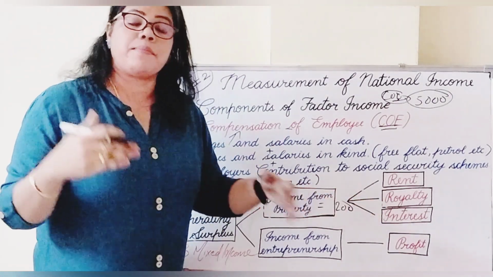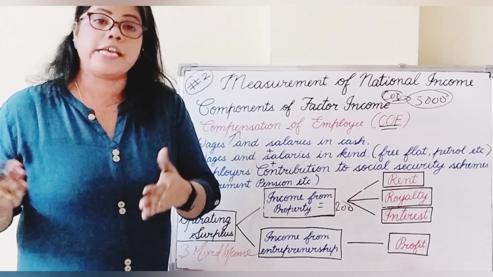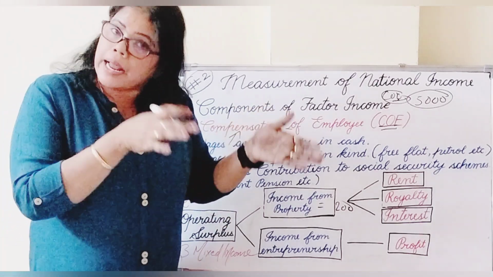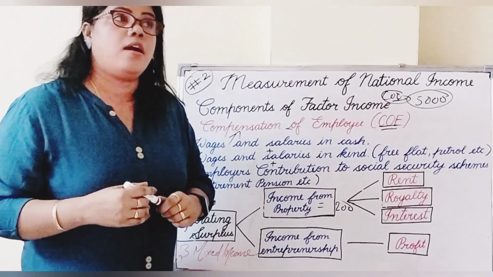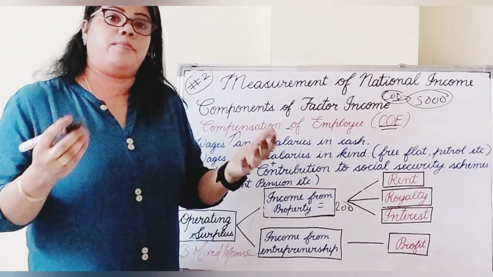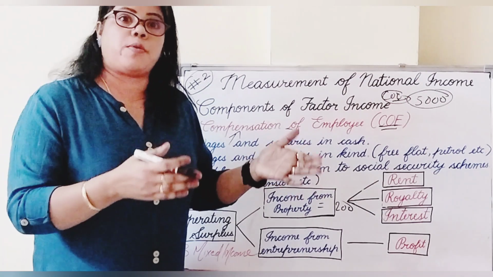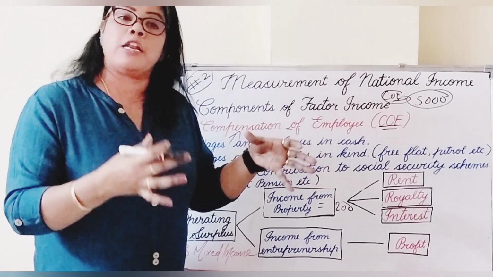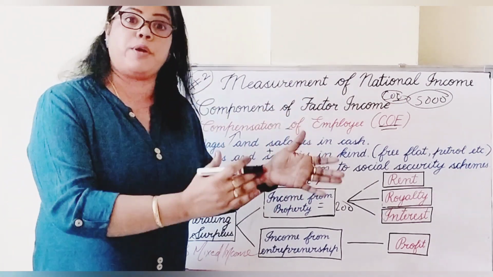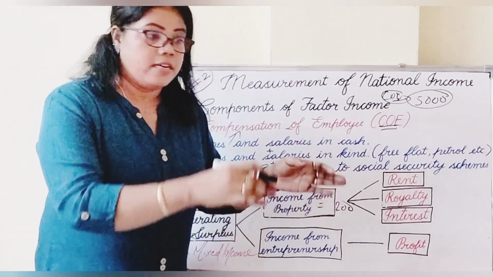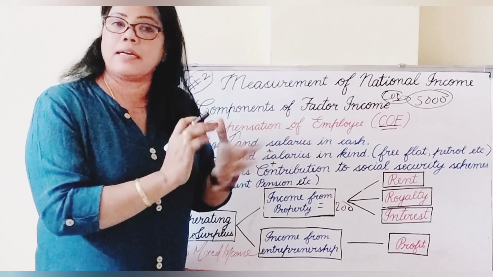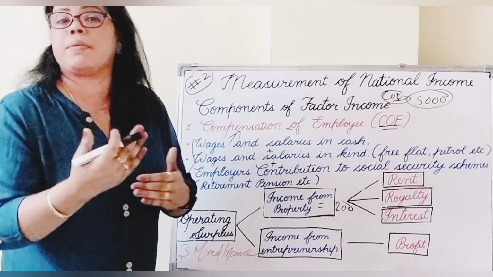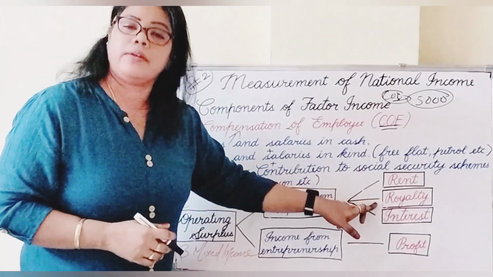Royalty means that one person's property is used by another person for some economic purpose. For example, if someone has property with lots of minerals or materials available in his land, another person can utilize that land for getting a benefit. The payment made for that is called royalty.